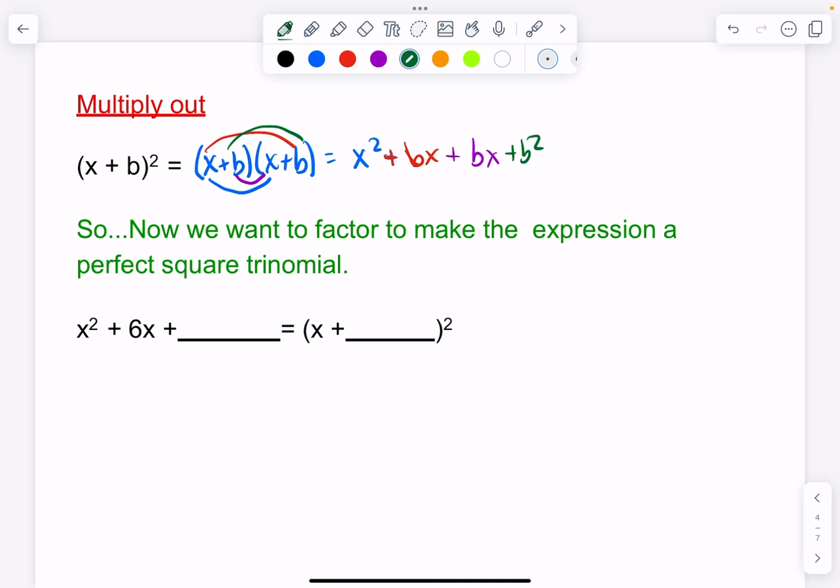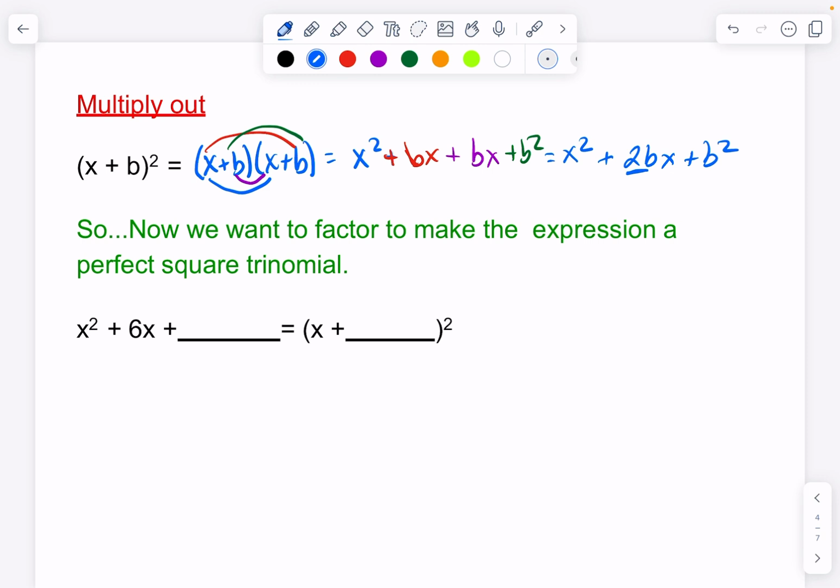So notice what you have here. We have x squared plus, I have 2 of those middle terms, plus b squared. So I have this term here is twice b.